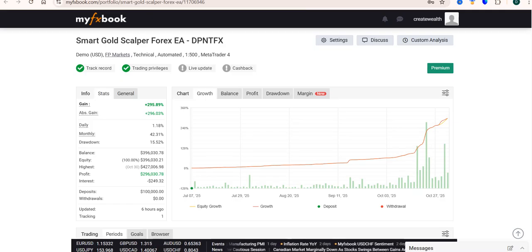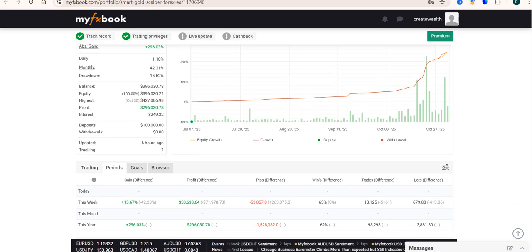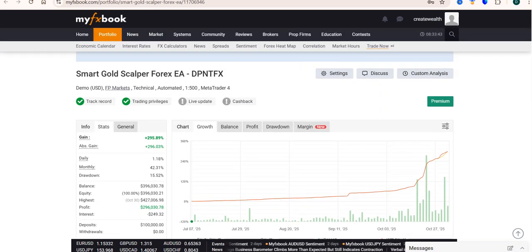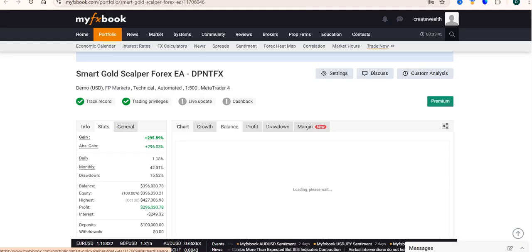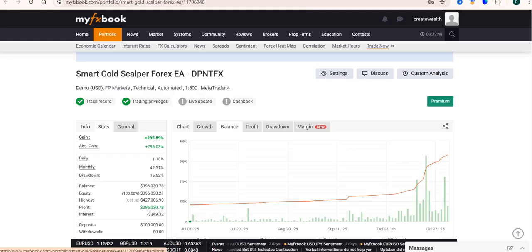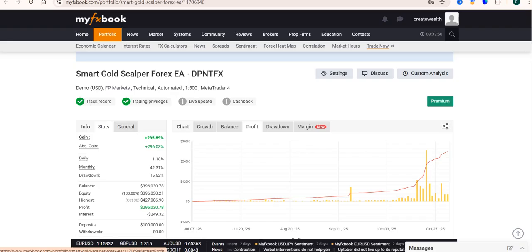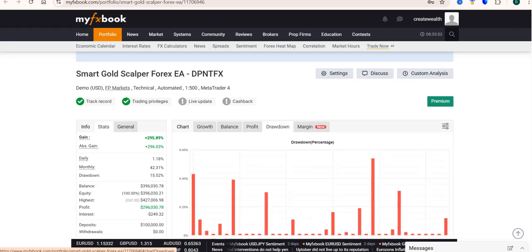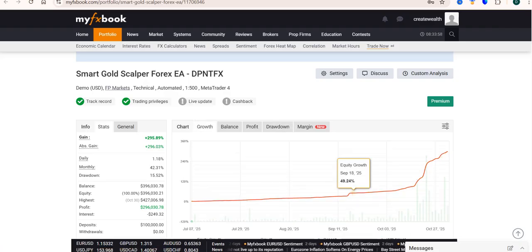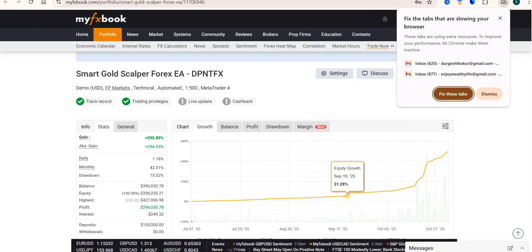So this is the Smart Gold Scalper myfxbook page, and I have mentioned the link in the video description. This is the growth graph, this is the balance graph, this is the profit graph, and this is the drawdown graph. As you can see, we have seen significant growth in October starting from August.